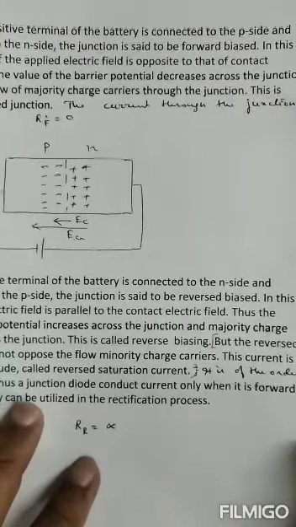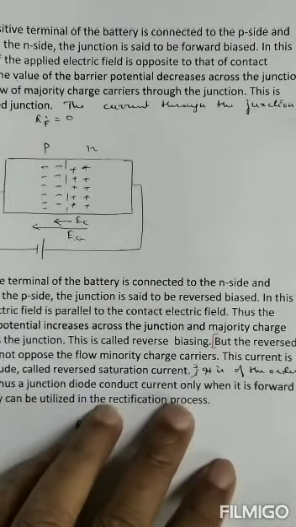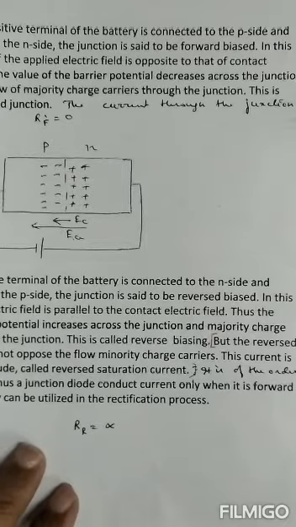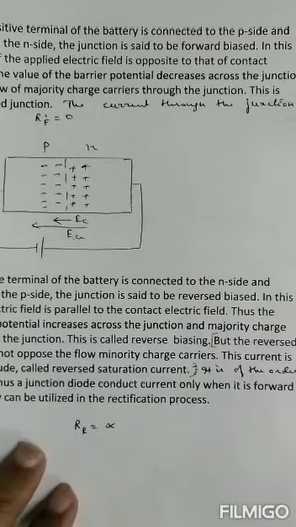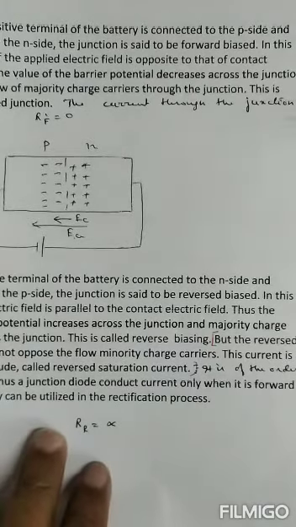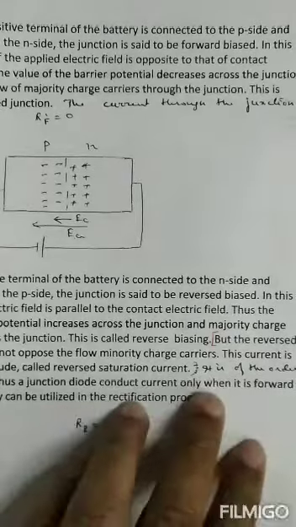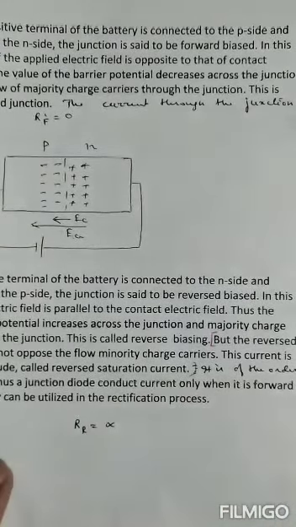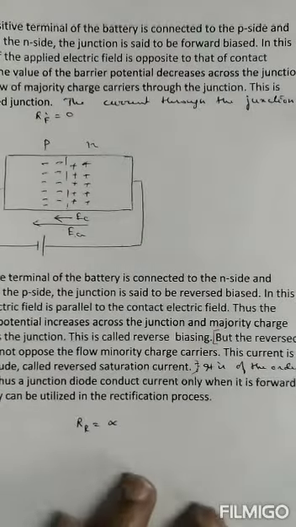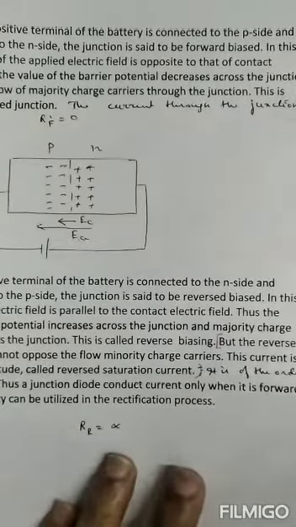Therefore, we can say that a junction diode conducts current only when it is forward biased, and this property can be utilized in the rectification process. Is it clear?